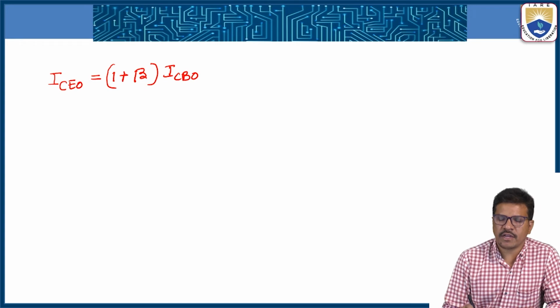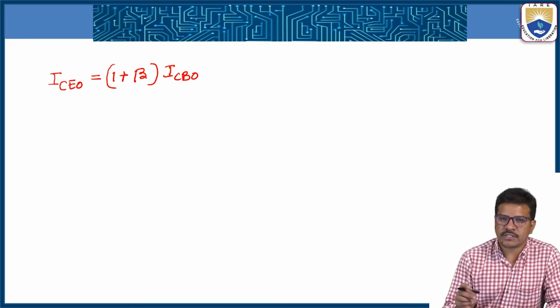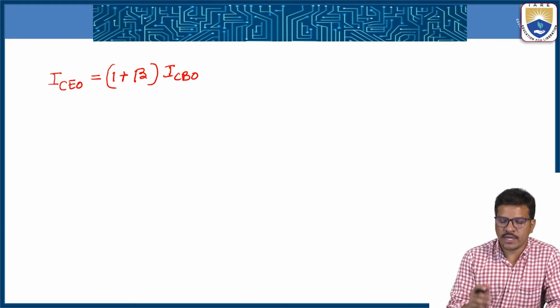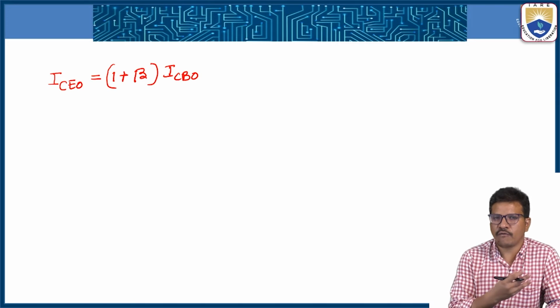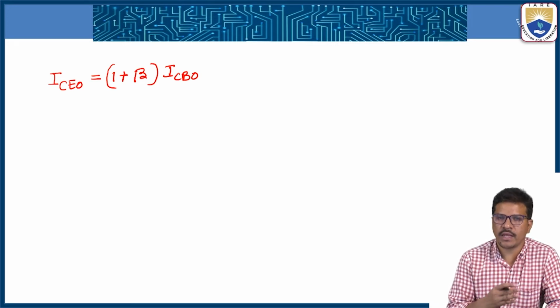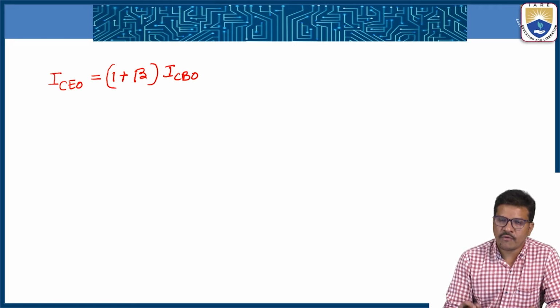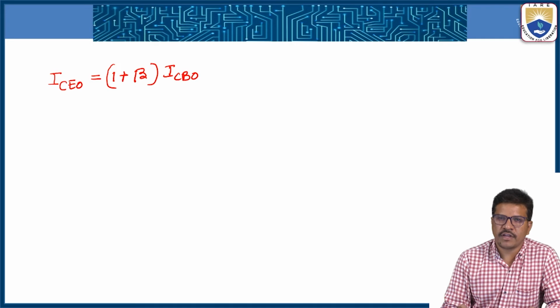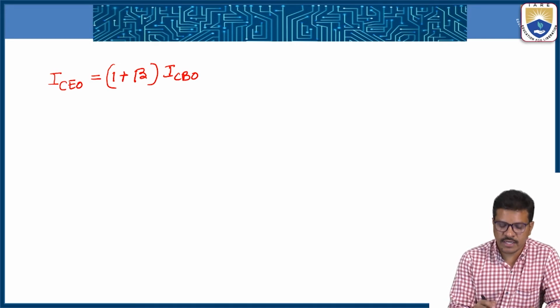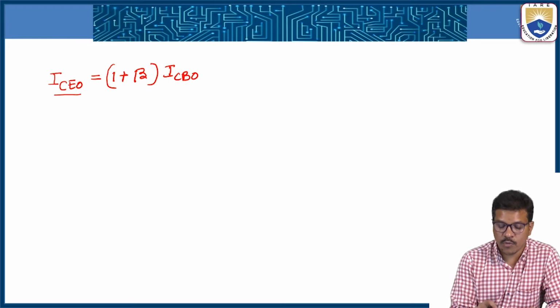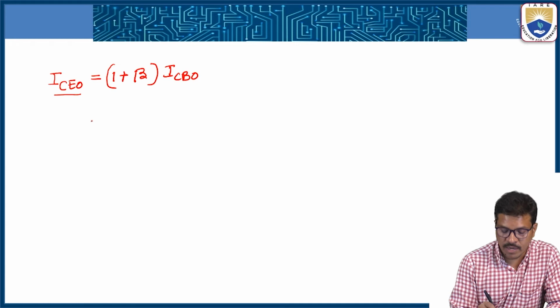In a common base configuration, the reverse bias current flowing between collector and base when the emitter is open is very small. But in the common emitter configuration, with the input open, that current is called IC naught. So when the base is open, the collector to emitter current is somewhat large. How much larger can be seen from the relation: 1 plus beta times ICB naught flows in the common emitter configuration.